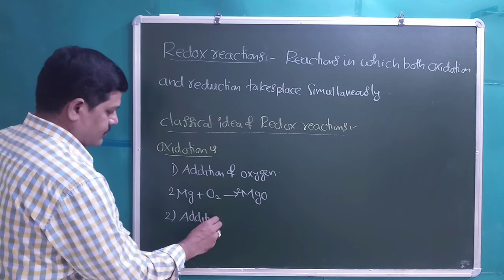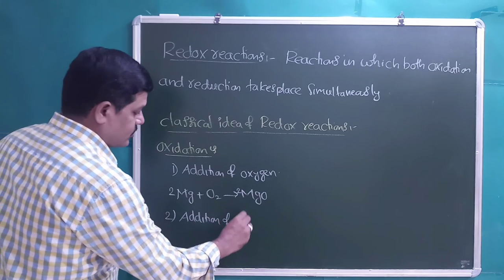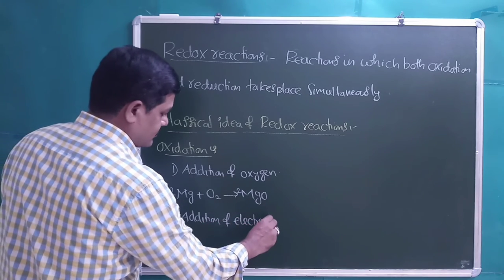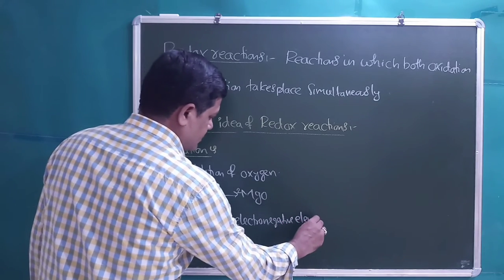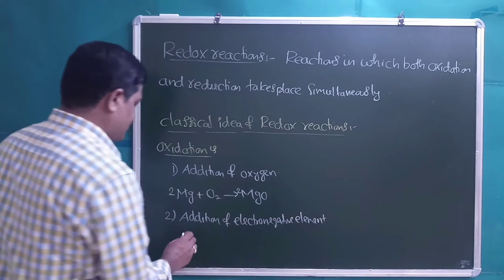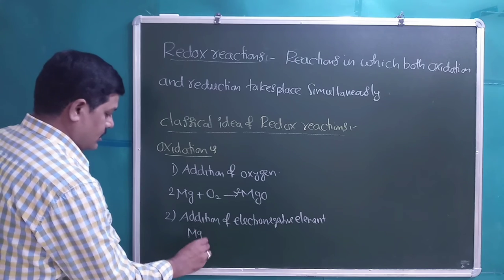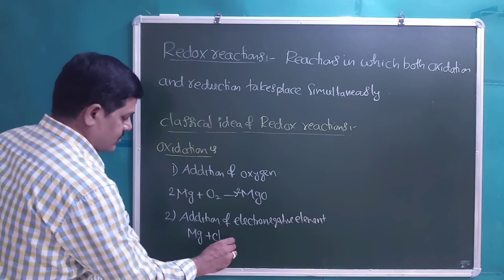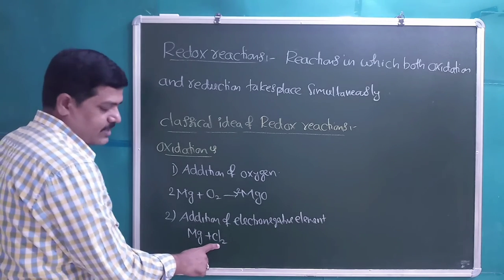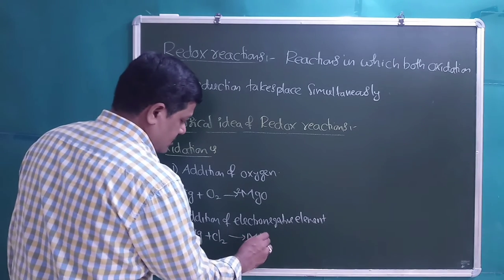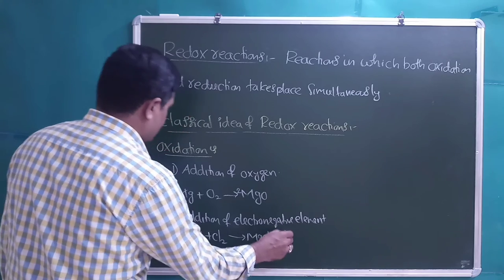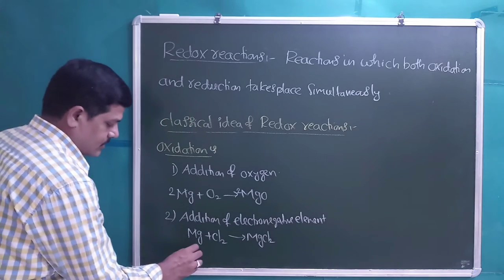Addition of electronegative element. For example, Mg is reacted with chlorine. Chlorine is an electronegative element which is added to the magnesium, called oxidation.